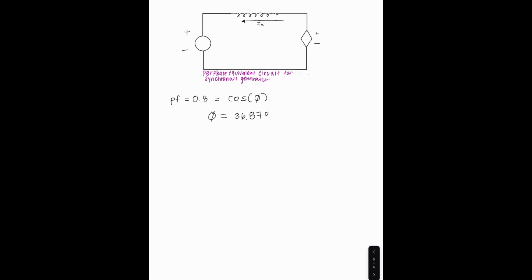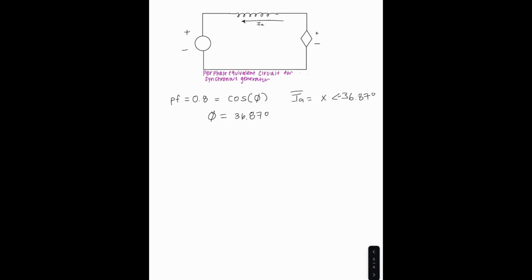So that doesn't tell us much anyway, but it is useful because we will be using that angle as part of the phasor for the generator current, right? And it's lagging, so it's going to be that because we're told that it's lagging.